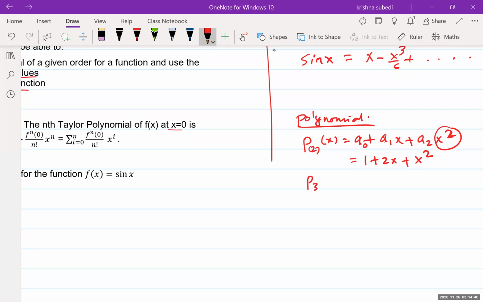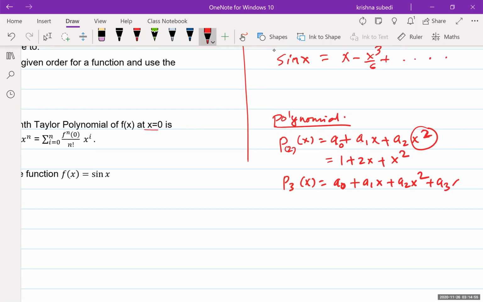So if you want to write a polynomial of degree 3, it could be, the first one is just a number, a0 plus a1 x plus a2 x squared plus a3 x cubed. So this is called a polynomial of degree 3. You can think of this as, let's say, 1 plus 4x minus 6x squared plus x cubed, for example.